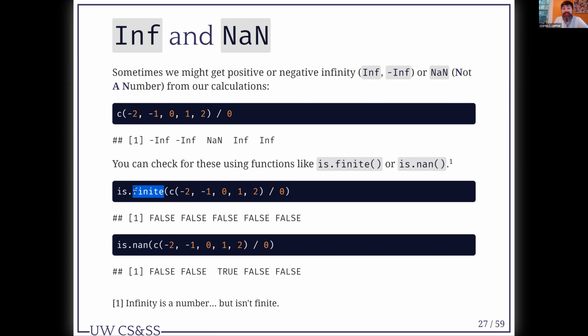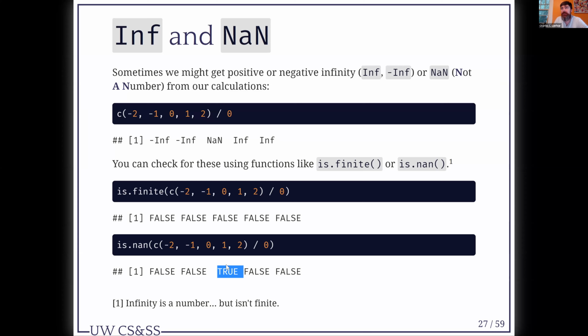If I call is.finite on this, it returns false for all of these, because infinities, whether positive or negative, and not a number are not finite numbers. And I can test them with is.nan. This will return false and false, because infinities are a number, but they're not finite. But not a number is not a number.